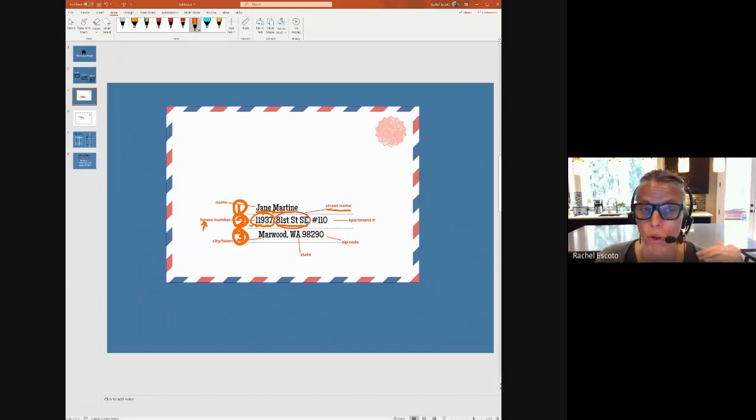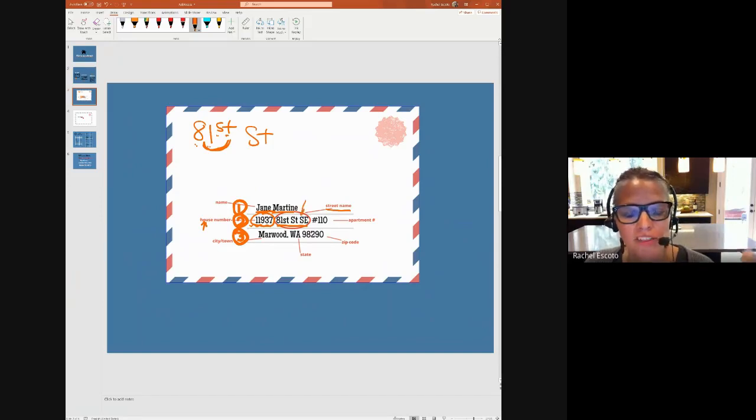Now, we have been talking about cardinal and ordinal numbers. 81st, as you know, is an ordinal number. This is not 81 ST. This is not 81 ST Street. It's 81st Street.